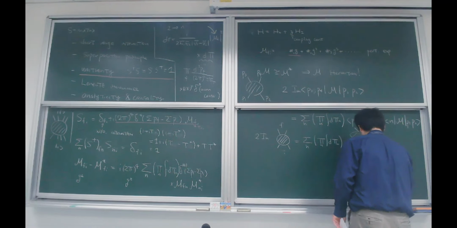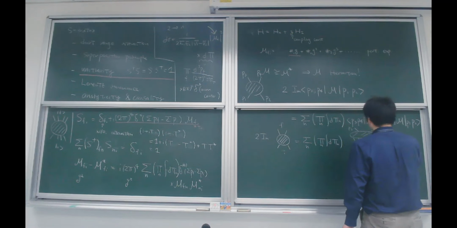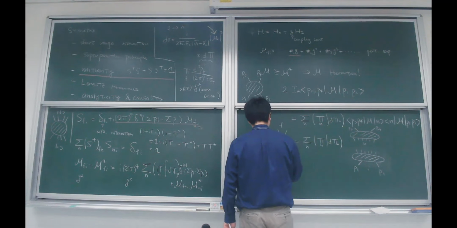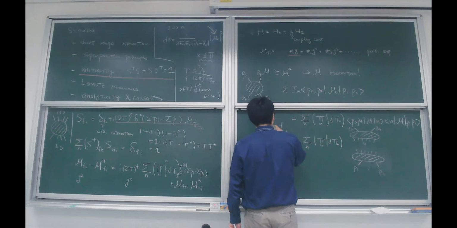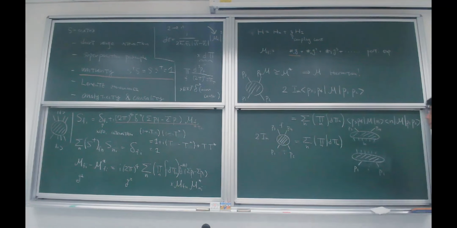Initial step P1, P2, P3, P4. Schematically, you can write it down like this. So n in the middle can be any state in the Hilbert space.